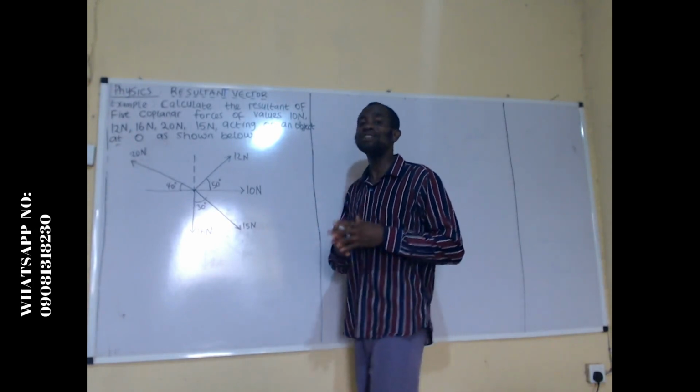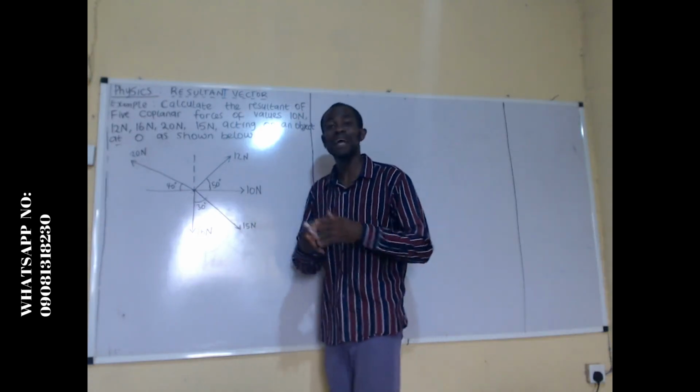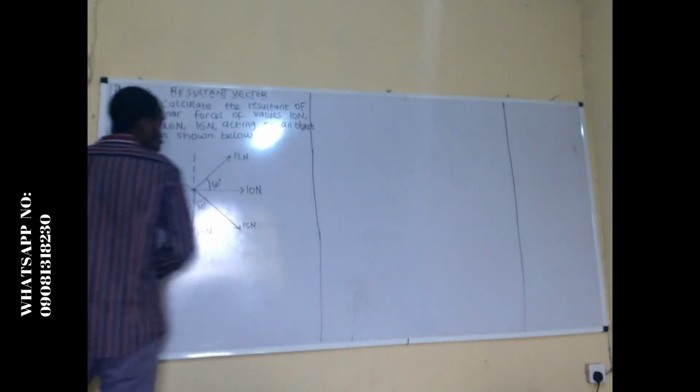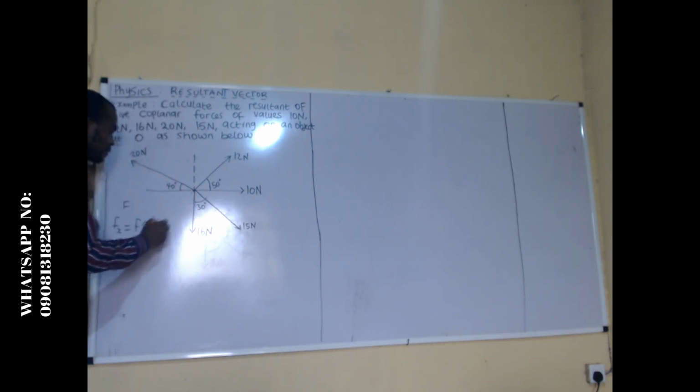Now, to resolve each of these vectors into its x component, we make use of this formula. If you have a force represented by F, a vector, to resolve it into its x component, which we shall denote with Fx, is given as F cos theta.